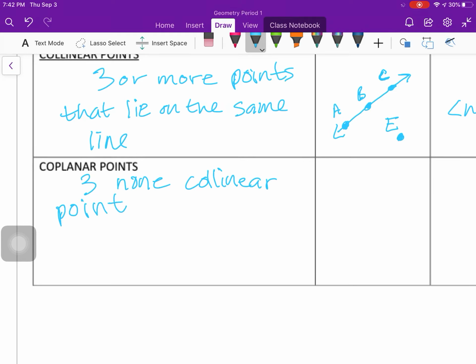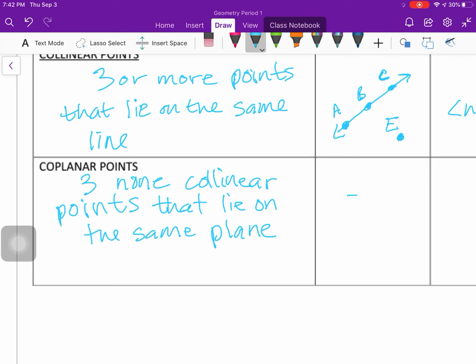So they can't be on the same line. That lie on the same plane.